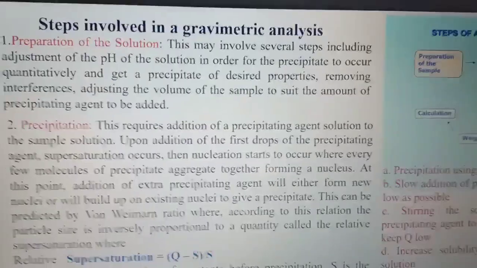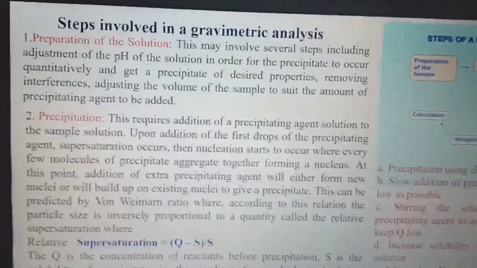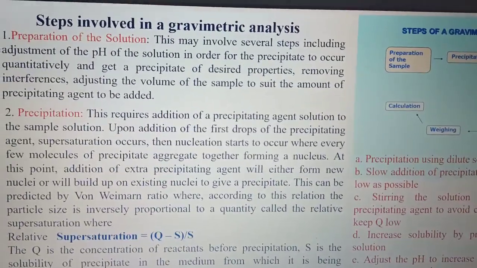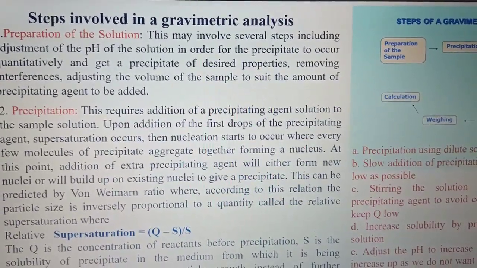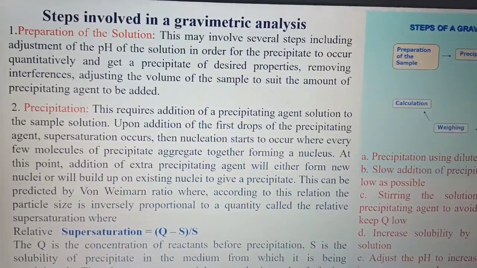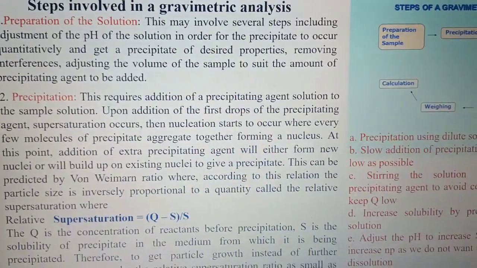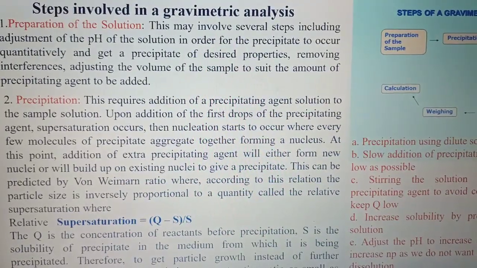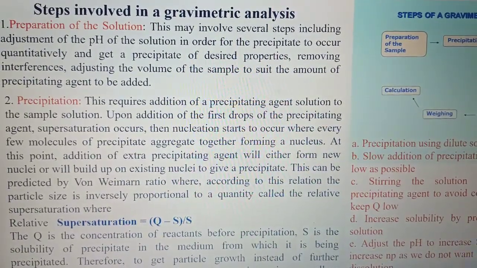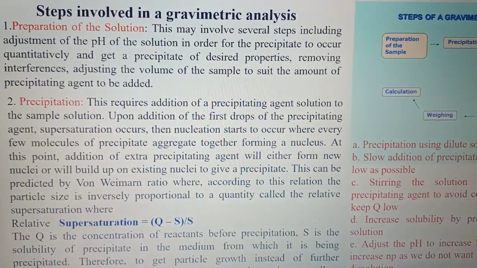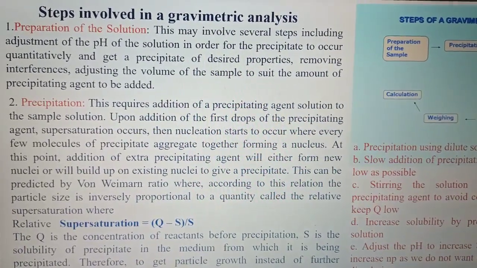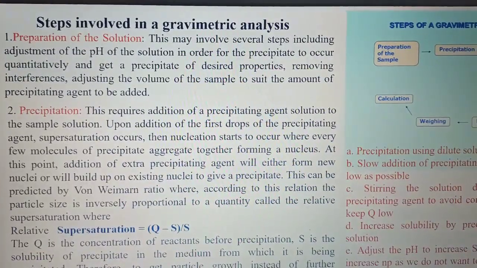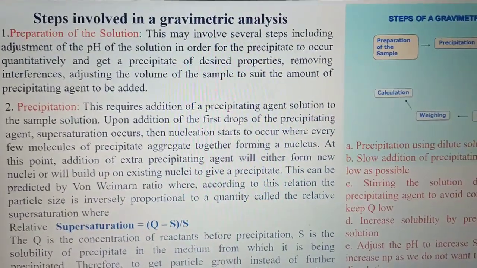The first step involved in the gravimetric estimation is preparation of solution. This may involve the adjustment of pH of a solution in order for precipitation to occur quantitatively and get a precipitate of a desired property, removing the interfering substances, adjusting the volume of the sample to a unit amount of the precipitating agent to be added.